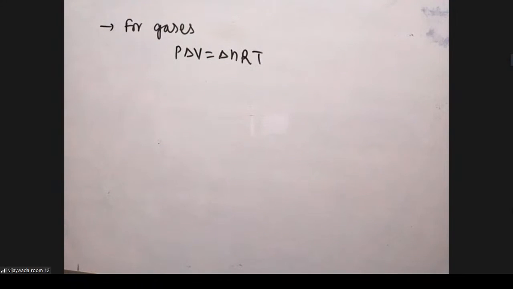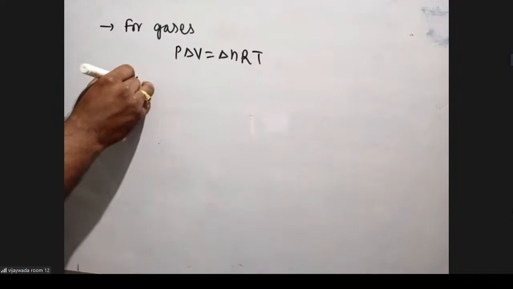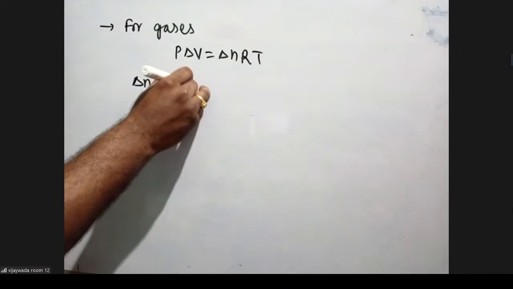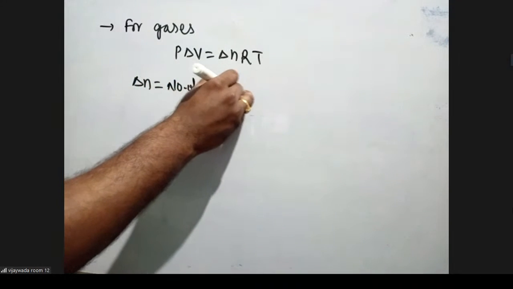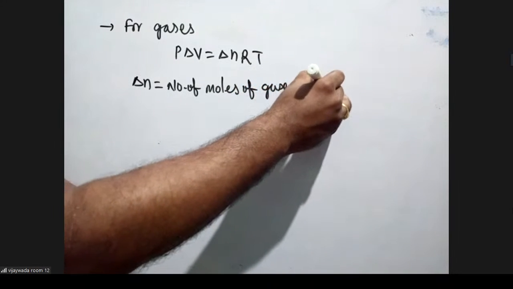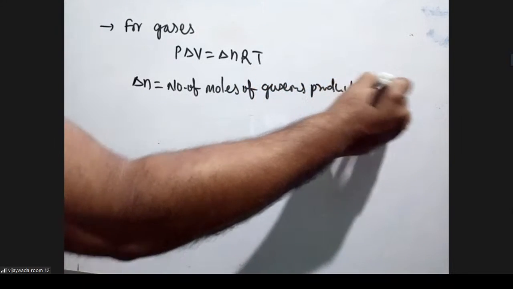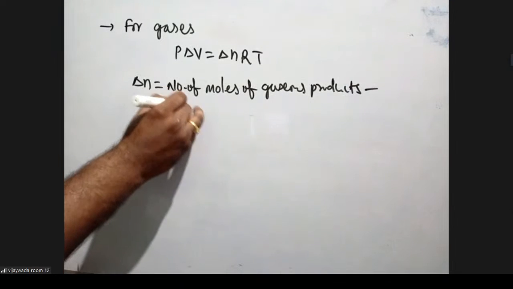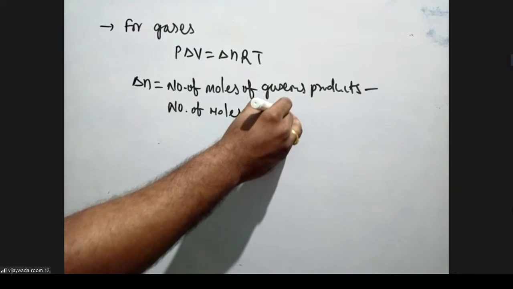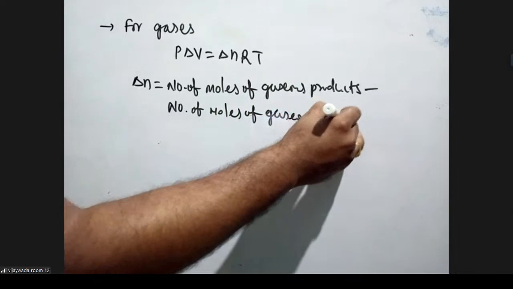P delta V equal to delta nRT, where delta N is number of moles of gaseous products minus number of moles of gaseous reactants.